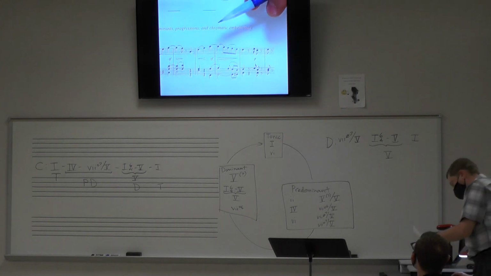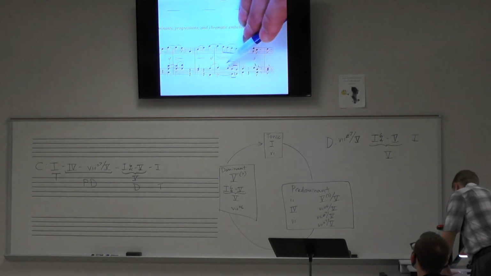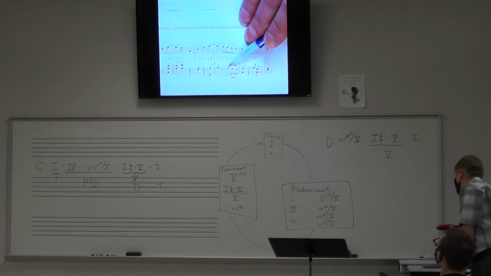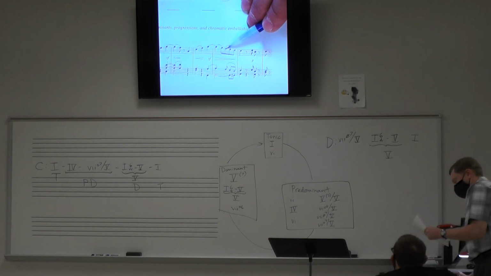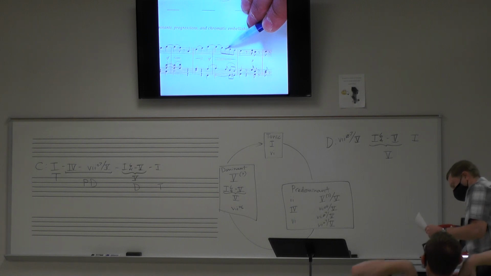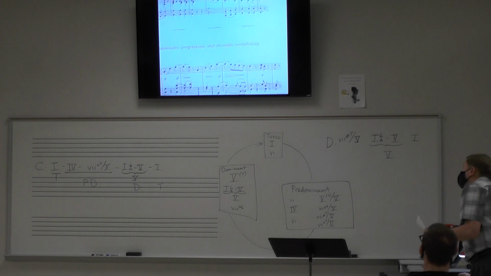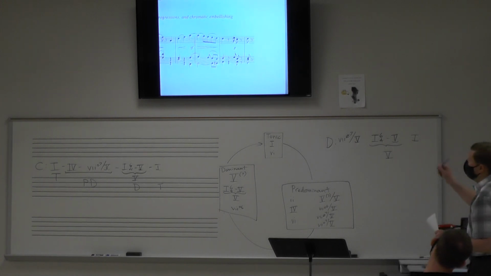And let's see, how about, this one's really easy. How about this A right here? That's a non-chord tone. What would you call it? Passing tone. What about this F sharp right there? It's a non-chord tone. What would you call it? Passing tone. That's right.